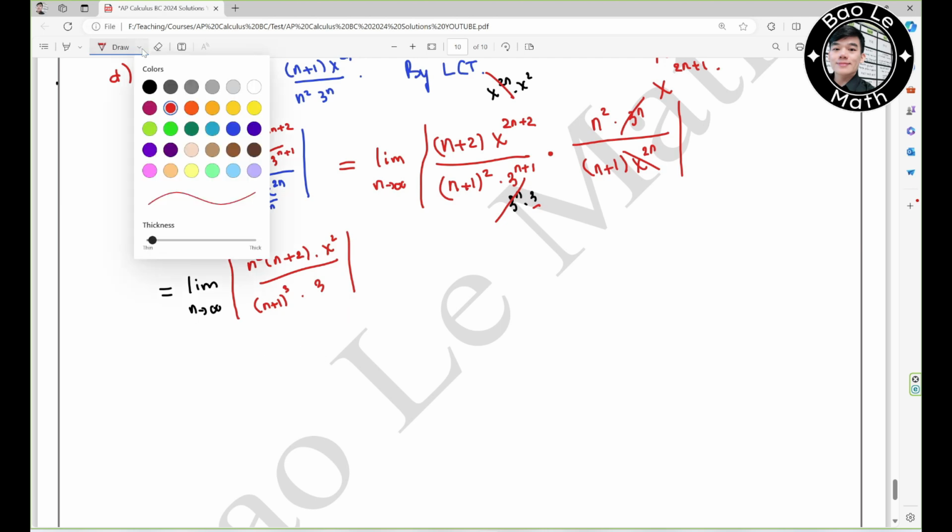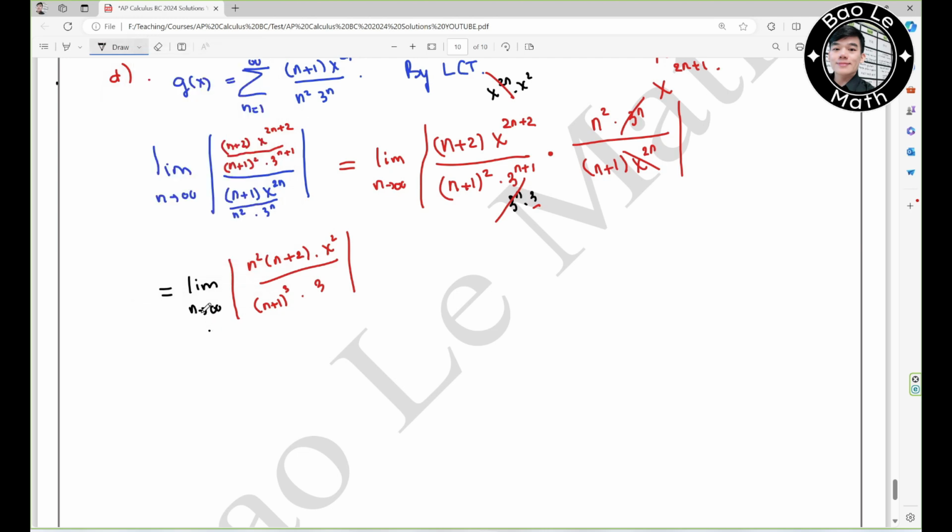In order to calculate this limit, look at this one when n approaches infinity. n is much larger than 2 right here, so we just ignore this. So the limit as n approaches infinity of the absolute value of n squared times n, which is n cubed, times s squared over n cubed times 3.